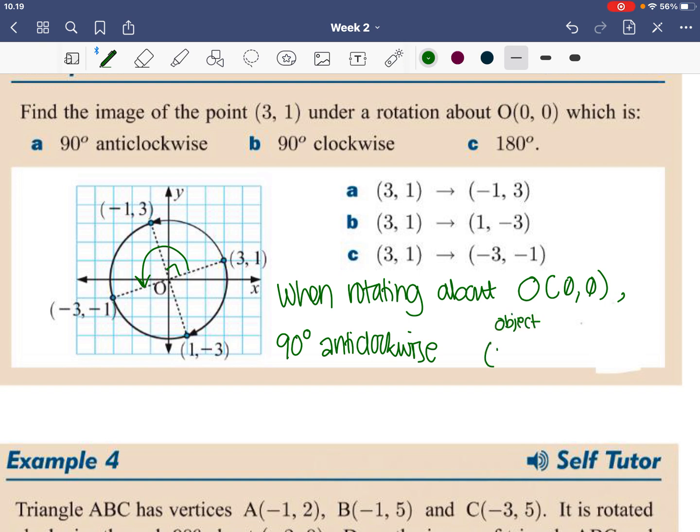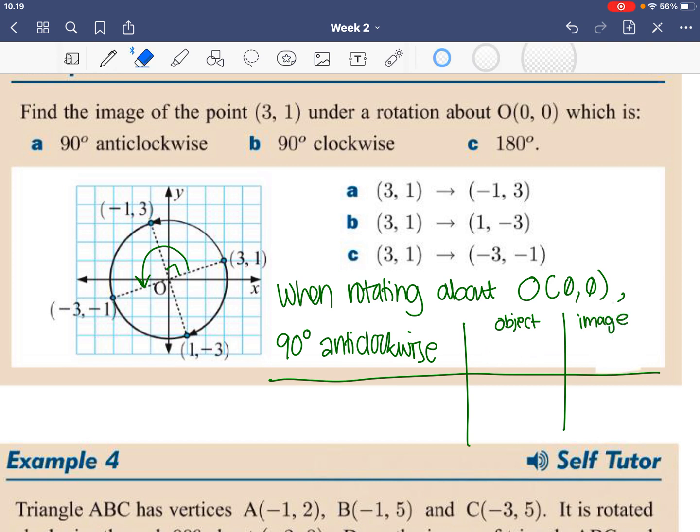Your object is (3, 1). Then your image, so let's say (3, 1), I'm going to change it to (x, y). Then look at your image here. The 1 is actually -y, and then the 3 is x staying the same. Wait, looking at patterns here: the image is (-y, x).